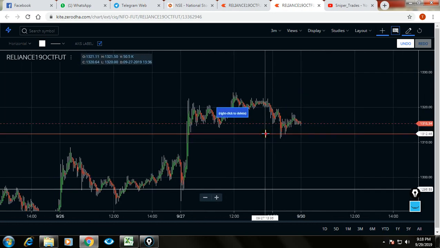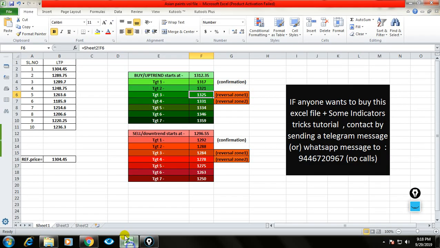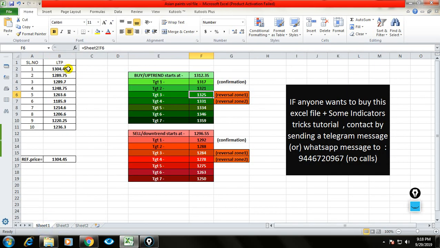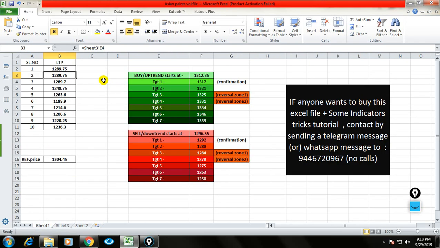So that is what the 27th level was about. Now let's go back to the Excel file and test the levels for 26th. For that we have to calculate the levels for 26th. For that, put the closing price of 25th September into the first row and drag downwards.